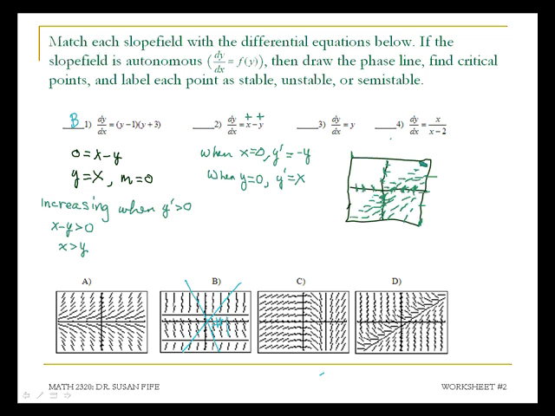Here to the left, our slope is negative. Very negative coming from here, coming from the upper left. Levels out, and then comes over.